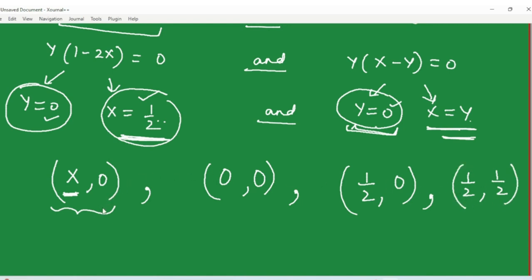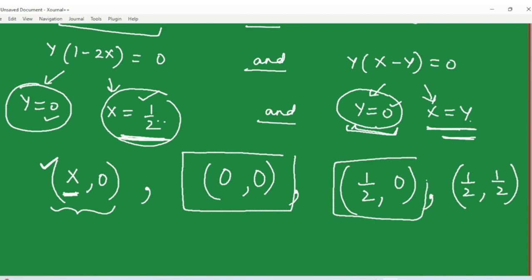Now observe carefully that this point 0, 0 is already included in the points of the form x comma 0. This point half comma 0 is also included in the same category because it also looks like x comma 0 for x equal to half. So that means this is the only point which is not included in this category.